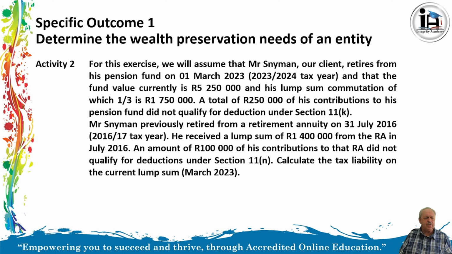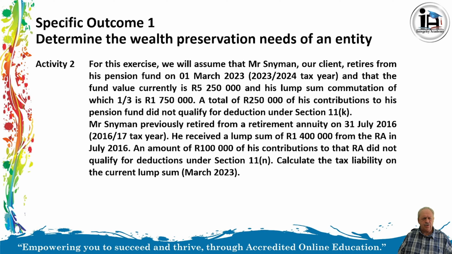He received a lump sum then of 1.4 million. Lump sum means it was the 1/3 portion from the RA in July of 2016, and again an amount of 100,000 of his contributions to the RA did not qualify as a deduction under Section 11N.